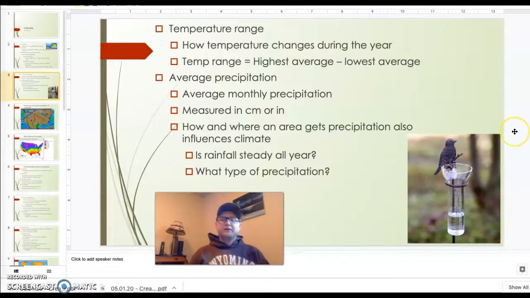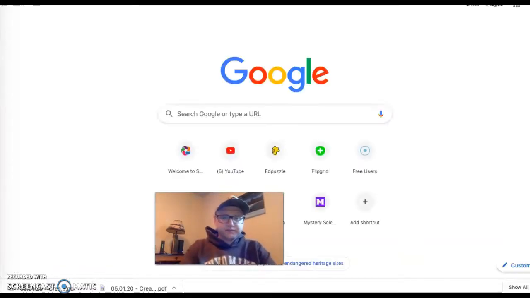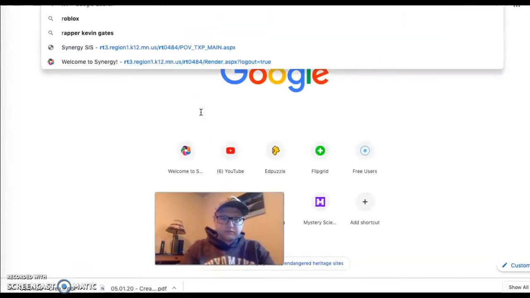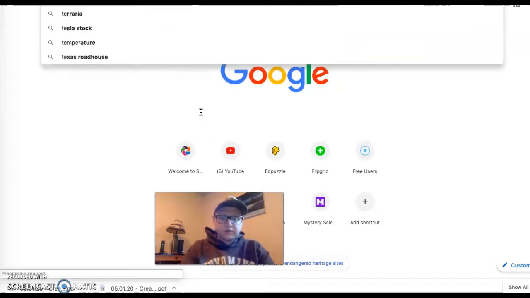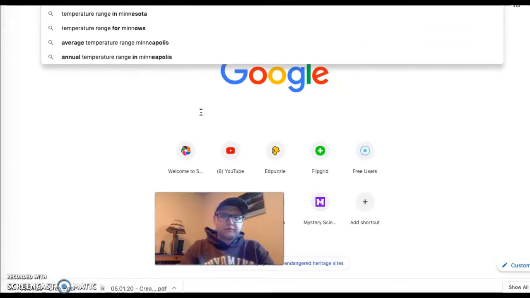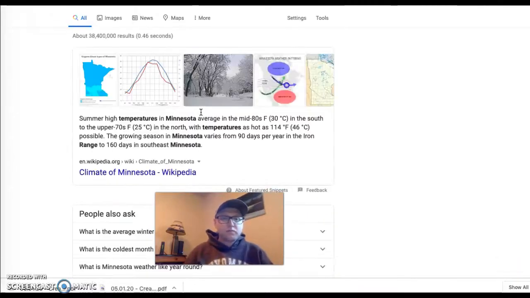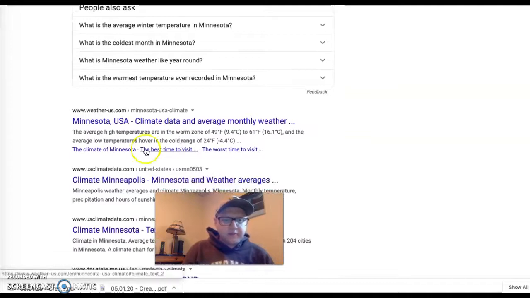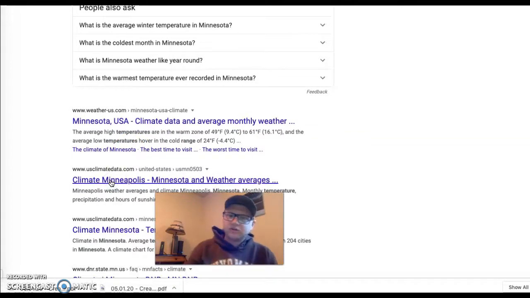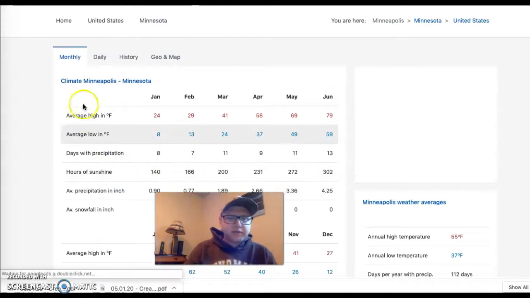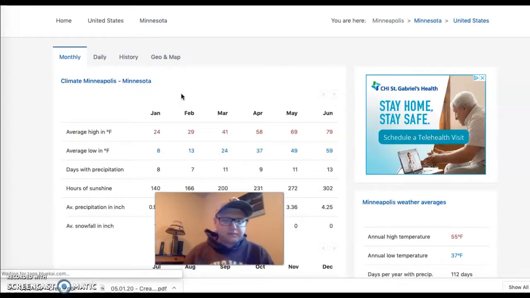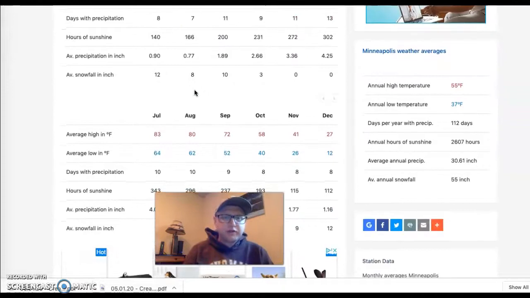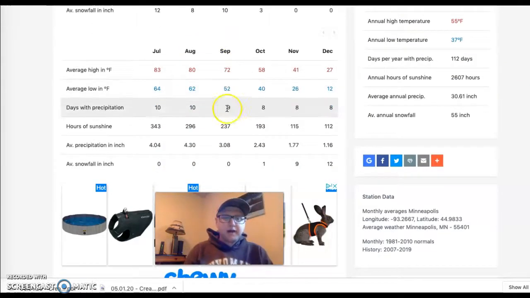So in Minnesota, let's look at our temperature range. Let's just look at Minneapolis because that's what pops up. They take an average temperature each month.